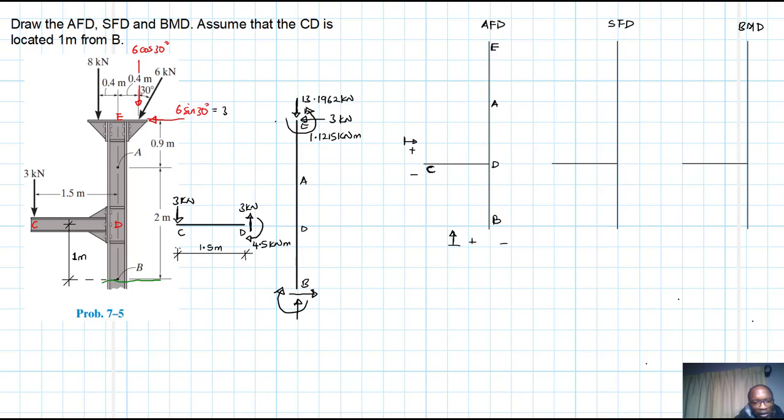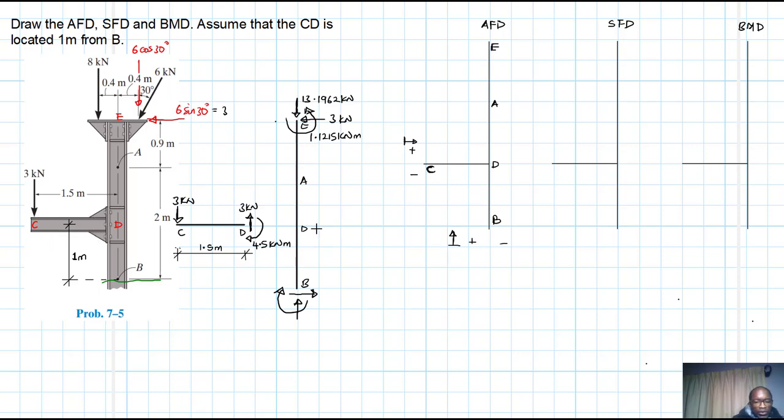The only thing that we introduced ourselves was just assuming the length of this column from B, because we need that for us to draw at least these diagrams from B to A, including that cantilever beam.